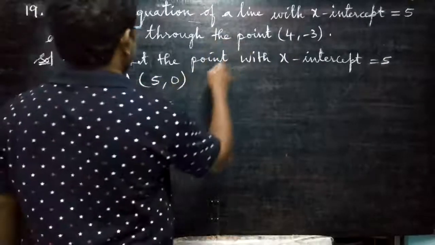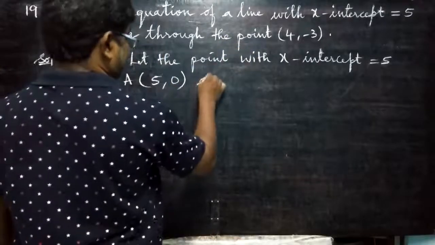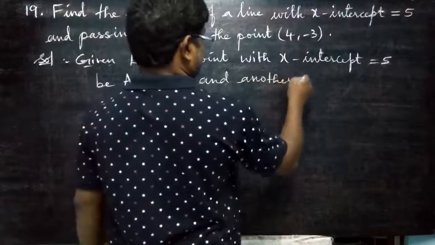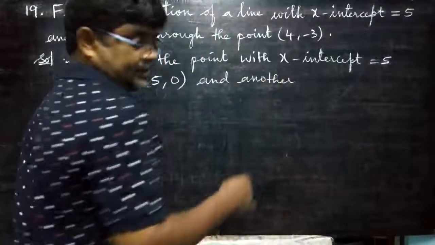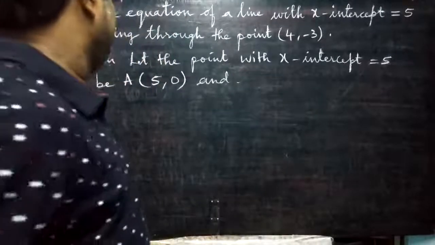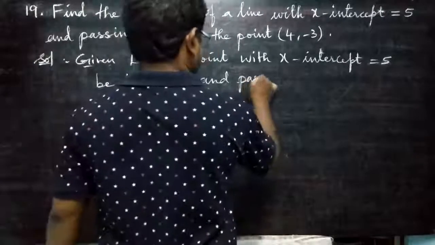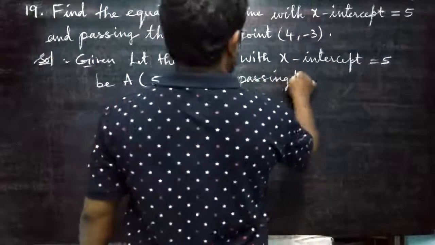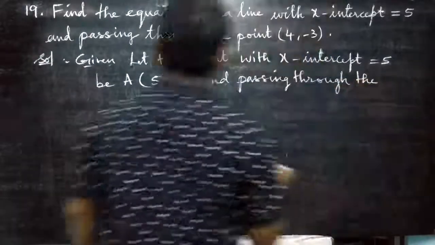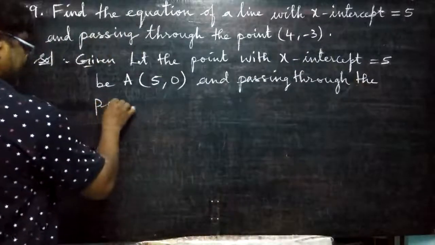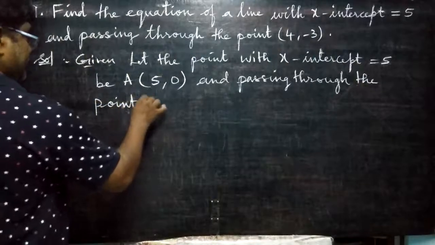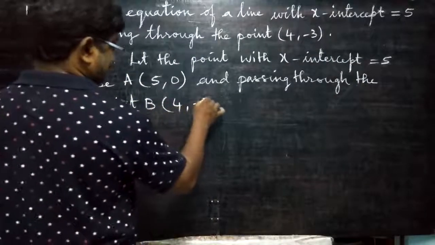And another point they have given, passing through the point. You write that what they have given. This time you think as B, 4 comma minus 3.